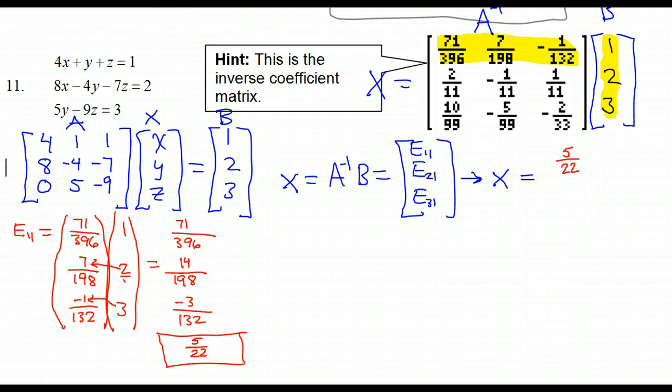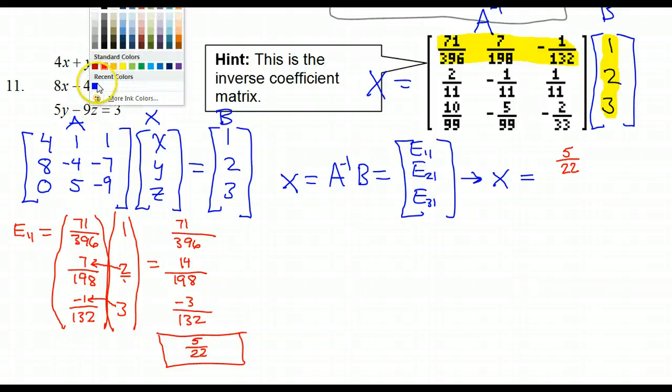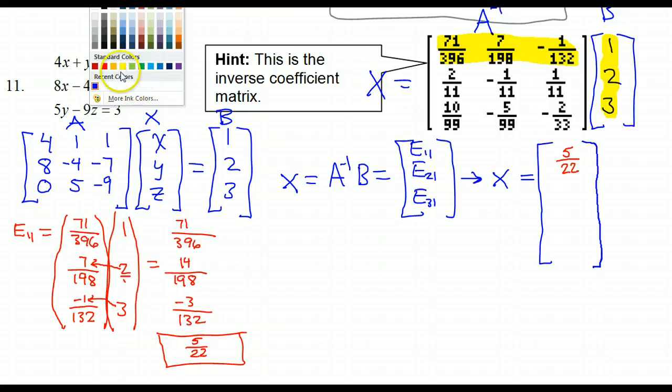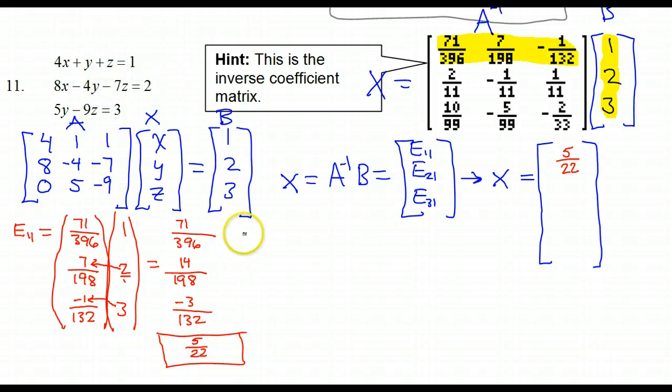Alright, and if they're going to be ugly fractions, then I might need more room in this matrix. Okay, let's keep going and find element 2, 1. Okay, so here I go. Element 2, 1. That's going to be row 2 times column 1.